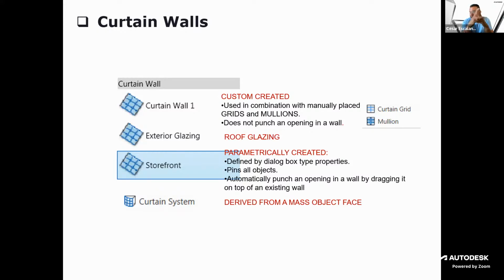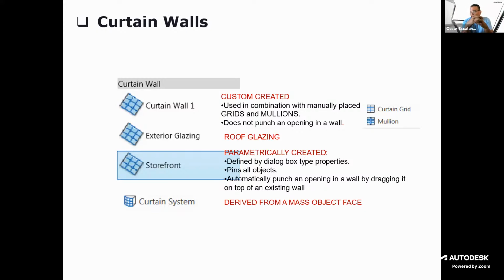Then the other one that you're going to see is a type called curtain wall 1. This is a custom way of creating a curtain wall. It's a system in which you create a wall, a gigantic piece of glass as a partition, and then you subdivide this gigantic piece of glass into segments, into panels, using vertical and horizontal grids.